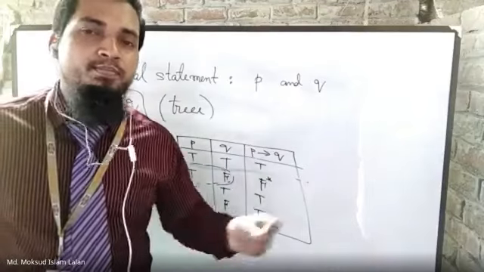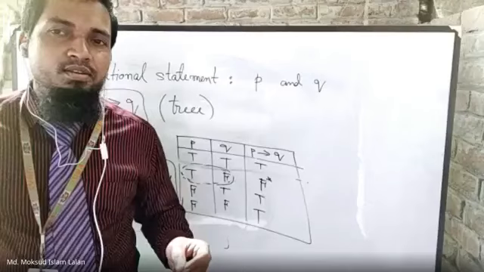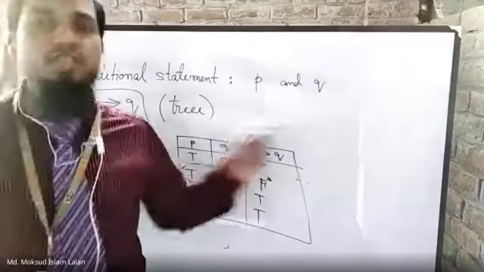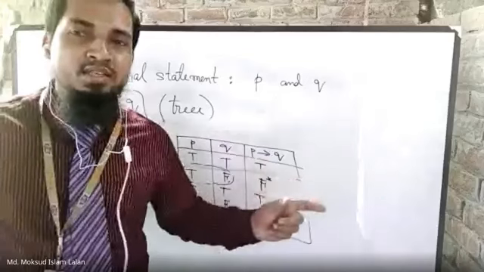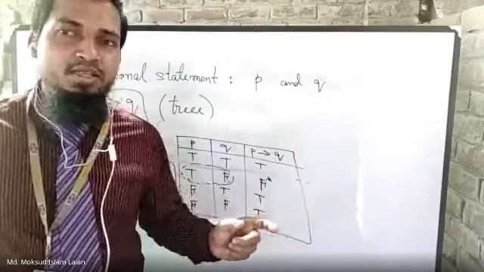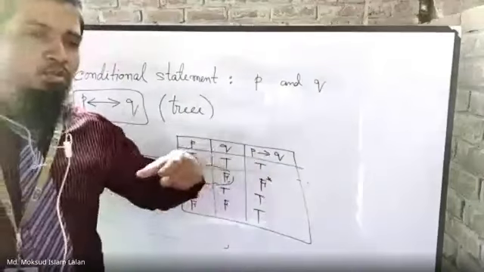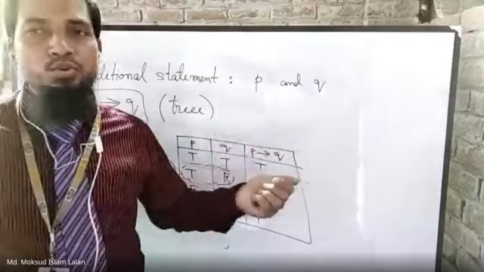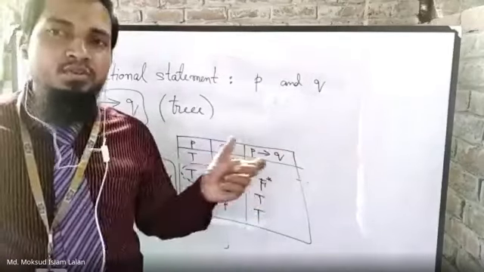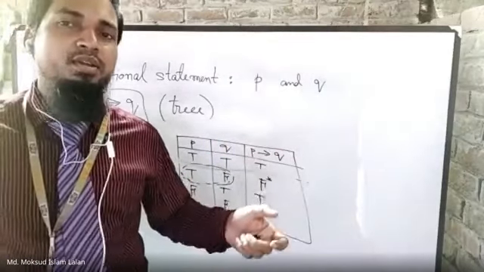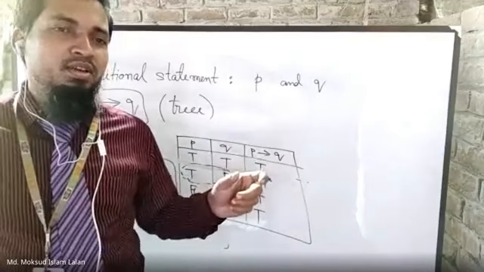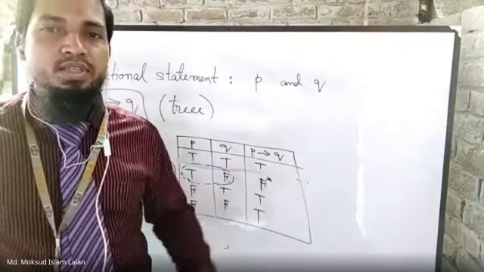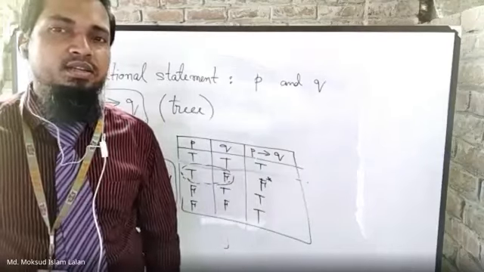Specifically when both are true, then it is conjunction; specifically when both are false, then disjunction, something like this. But when both have the same truth values, same means both are true or both are false. That's why same values cover these two conditions. Is it clear? Yes, sir.